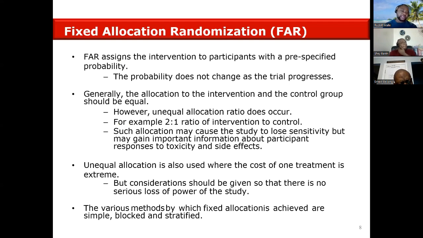For every rule there's an exception, so there are very minimal events where misallocation or unequal allocation will occur. Fixed allocation is achieved as simple, block, or stratified, depending on the different kinds of studies that the sponsor wants to analyze.